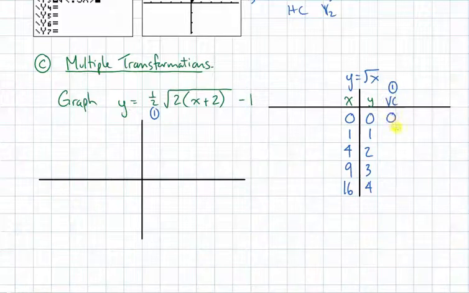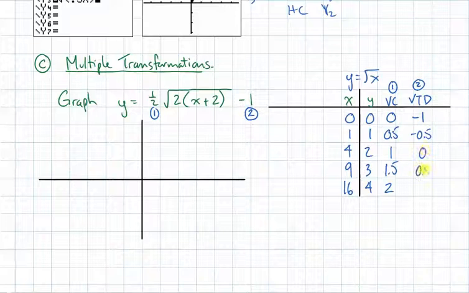So half of 0 is 0, half of 1 is a half, half of 2 is 1, half of 3 is 1.5, and half of 4 is 2. Next, remember I can do vertical separate from horizontal. Step 2 is a vertical translation down 1 unit. So 0 is transformed to negative 1, negative 0.5, 0, 0.5, and 1.